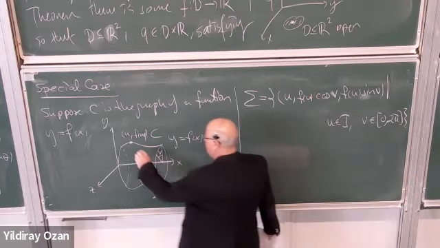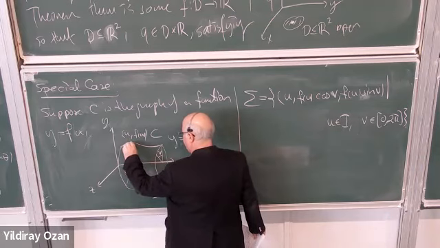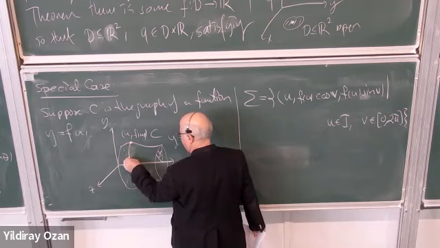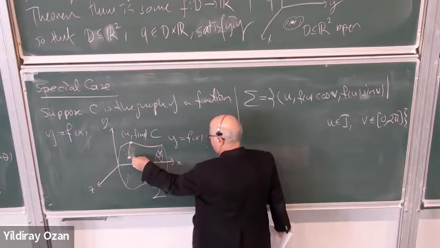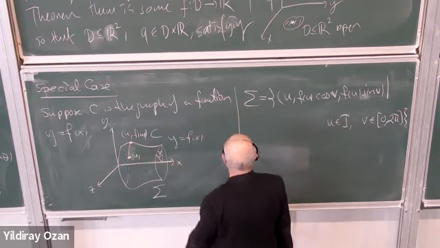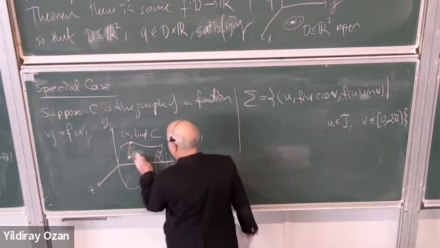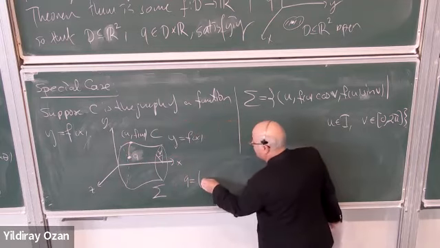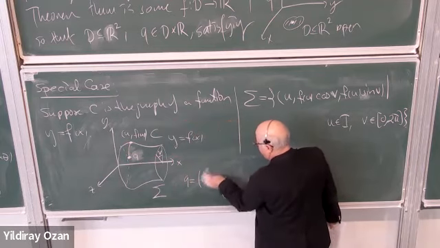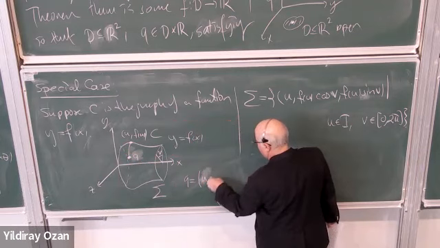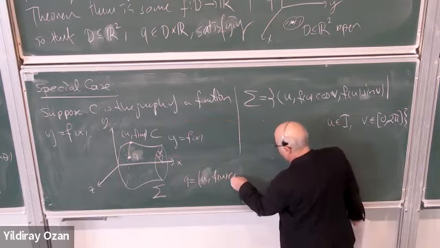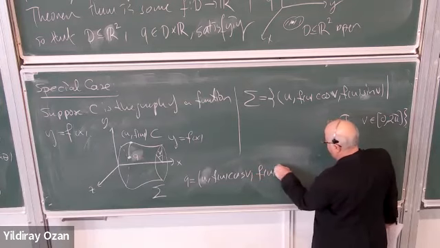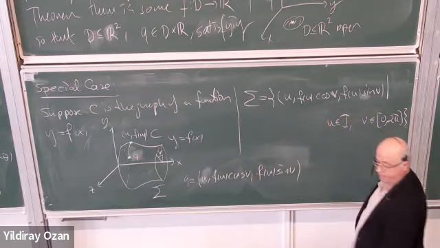So when it rotates, you'll be at a point like this. So this point is just u. Let me say this is the point q. Q is just u, f of u cosine v, f of u sine v.